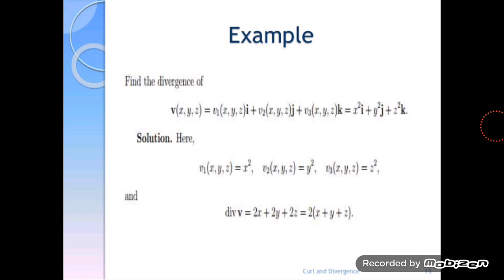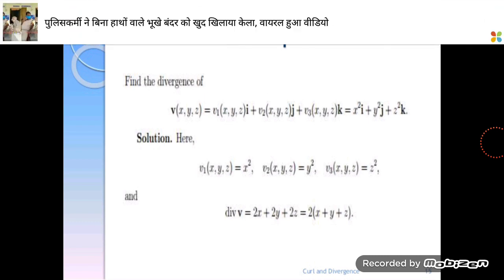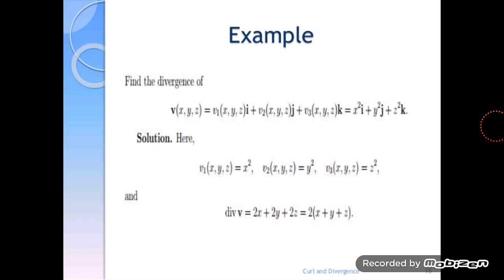This is another example with the same setup, but the value of v is different. v is a function of xyz, where v1 of xyz is along unit vector i cap, plus v2 of xyz along j cap, plus v3 of xyz along k cap, equal to x square i cap plus y square j cap plus z square k cap.